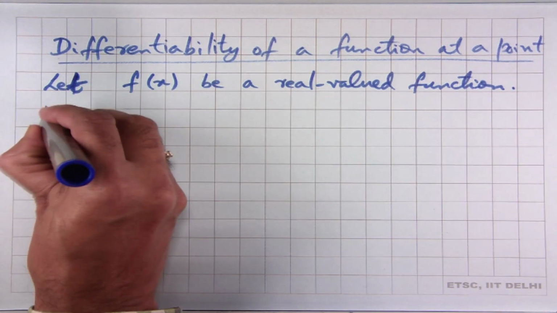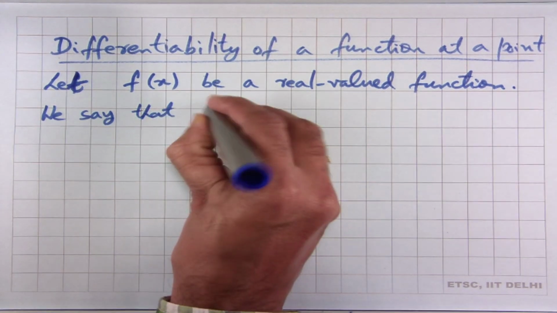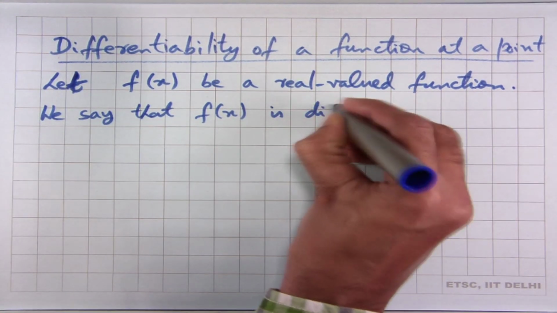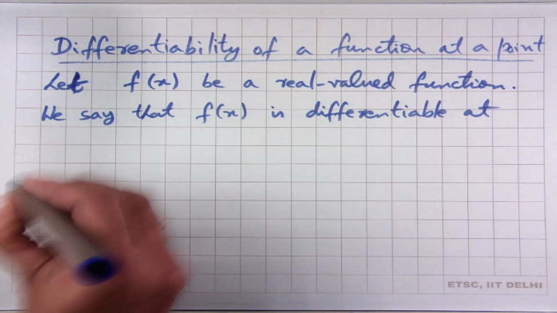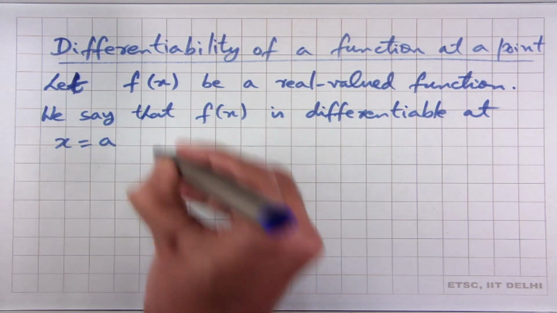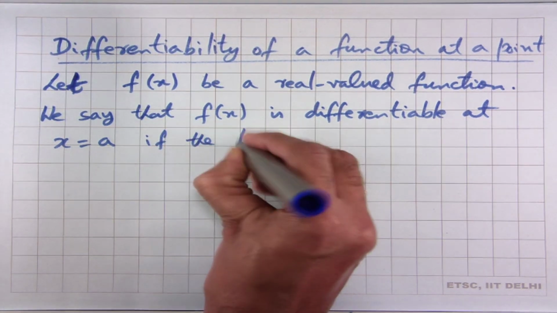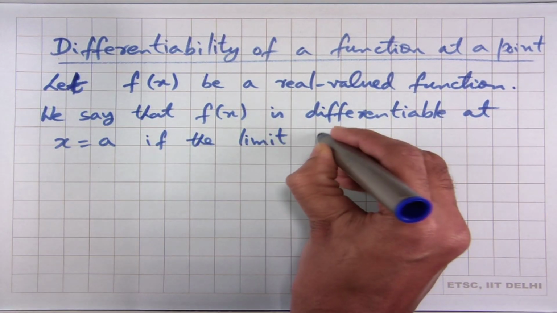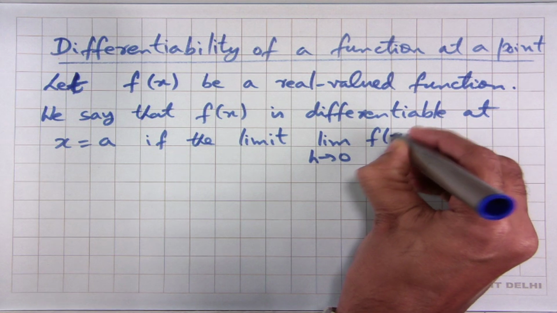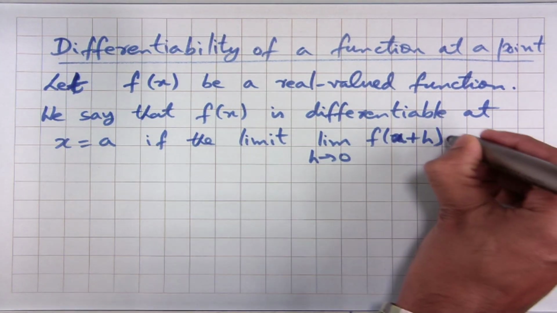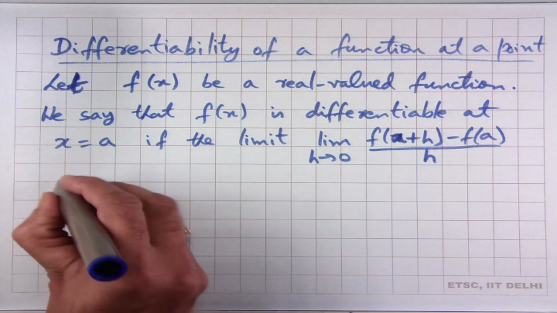We say that f of x is differentiable at x equal to a if the limit of h going to 0 of f of a plus h minus f of a divided by h exists.